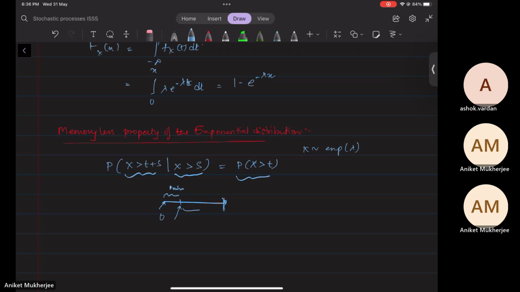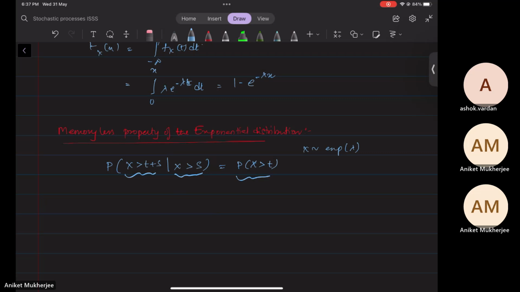The probability that you'll wait 5 more minutes is the same as the probability if you had come at the start and waited for 5 minutes. What has happened in the past doesn't matter. That is the specialty of the exponential distribution. This intuitively makes sense because the rate is exponential, and so the probability remains the same.